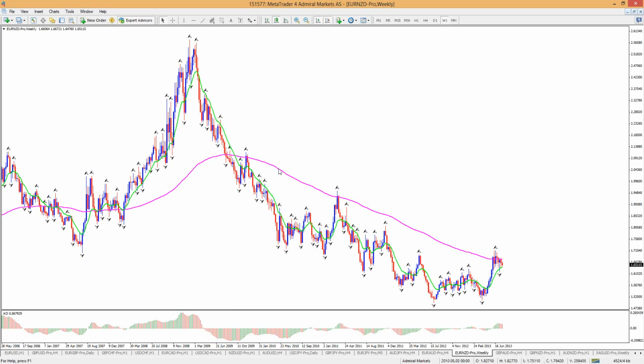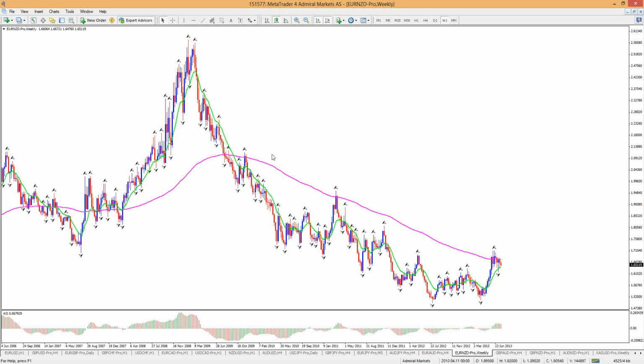Alrighty. Interesting double bottom and break of this trend line right to the upside.